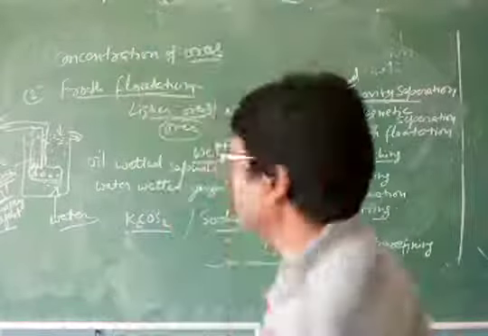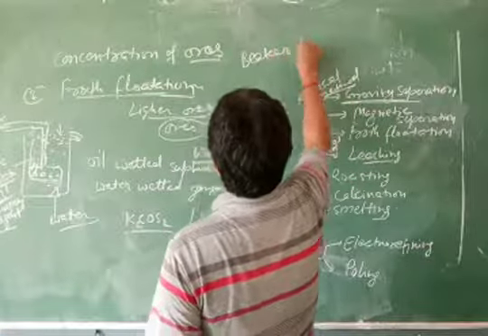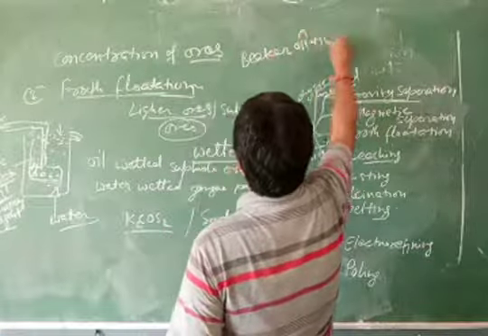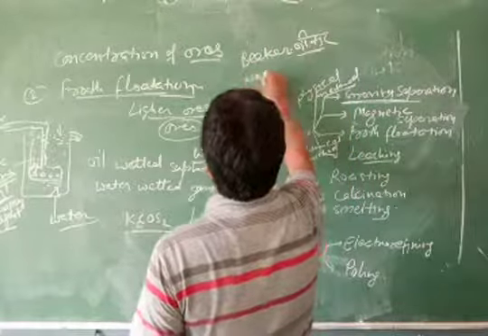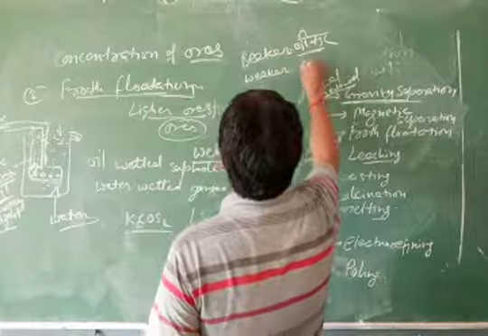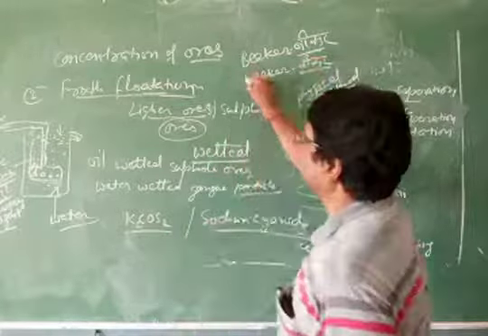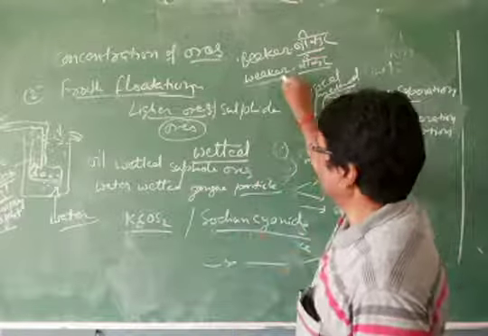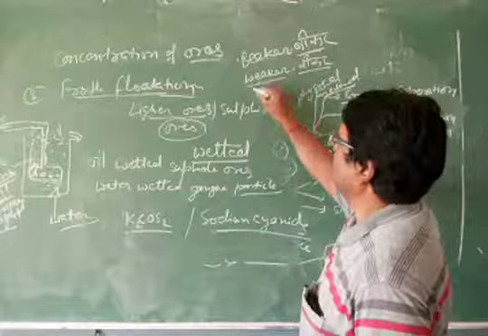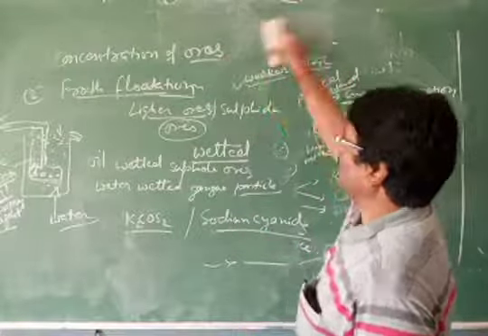W, sir, W. It is beaker. You say, pronounce it. Which one? This one or this one? The first one, sir. Yes, this one is beaker.